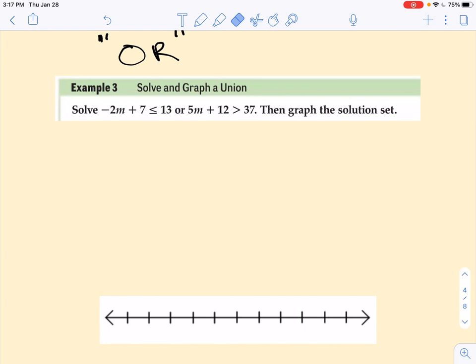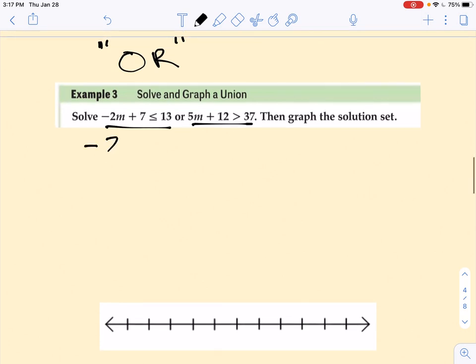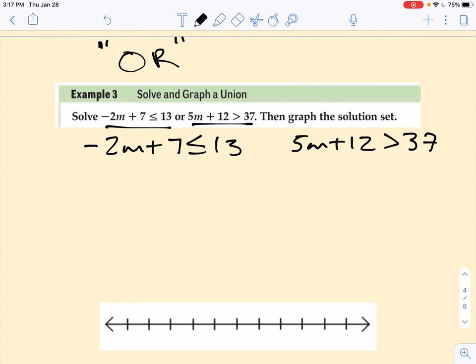Okay, so when you do an OR, it's usually already broken up for you, right? So this has two statements here, and basically you're just going to solve both statements. These are multi-step equations now, so let's see where that gets us. Let's subtract 7 from both sides, get 6, negative 2m. Divide by negative 2.